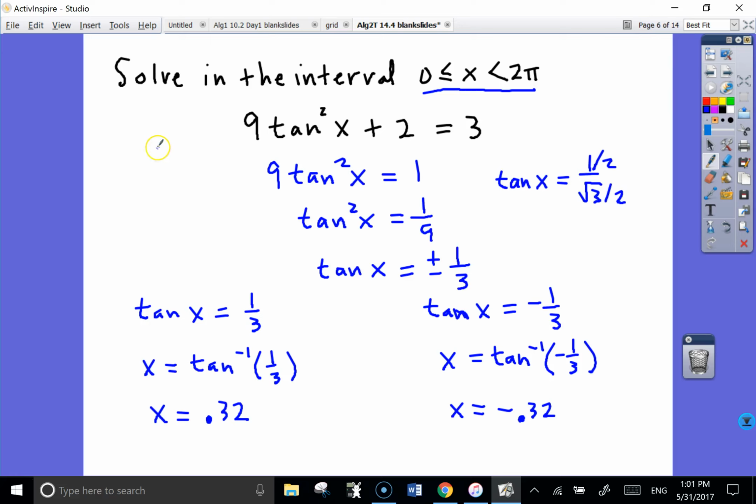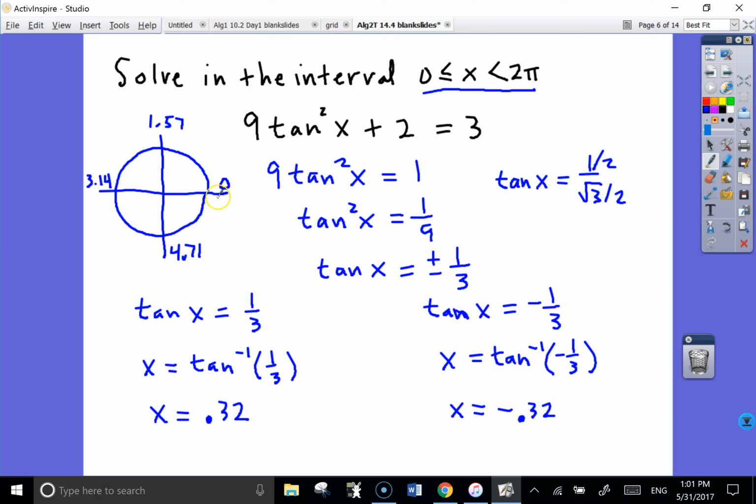Now, let's review our unit circle again, in radians. Right, so it starts at 0. It goes to pi over 2, which is 1.57. It goes to pi, which is 3.14. It goes to 3 pi over 2, which is 4.71.